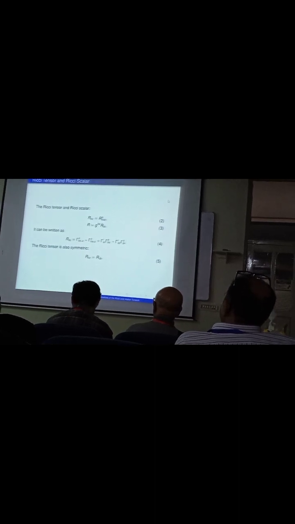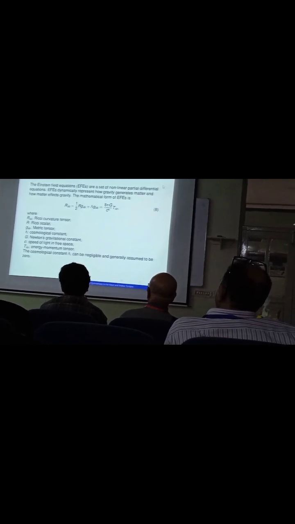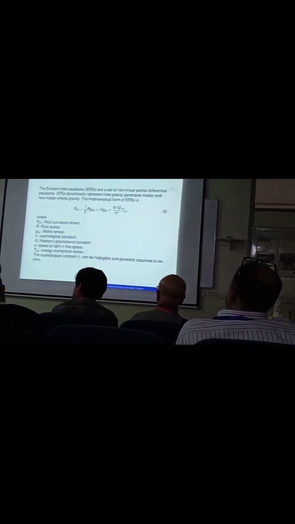So we all know the Ricci tensor, the Ricci scalar. I'll be using them in this talk. The matter tensor, because the talk is basically about the symmetries of the matter tensor, is a symmetric tensor, as is the Ricci tensor. And there's the field equation we've been seeing for the last two to three days.